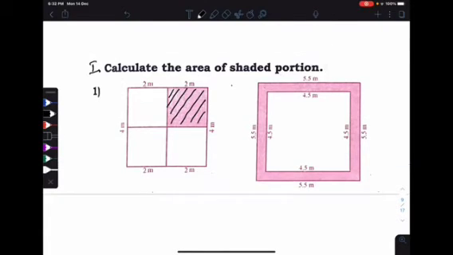If you observe the square which is shaded, children, the length is given as 2 meters and the breadth is a total of 4 meters, that includes both the squares there. So the breadth also will come up to 2 meters if we divide it, correct? It is divided as 2 meters and 2 meters.